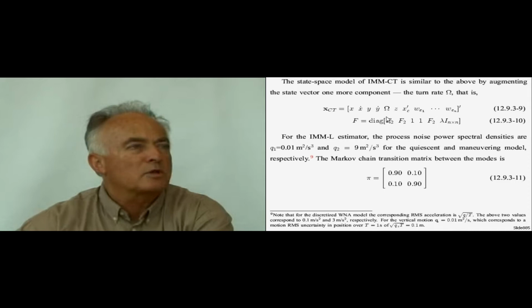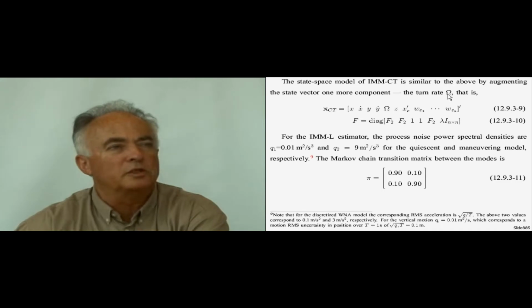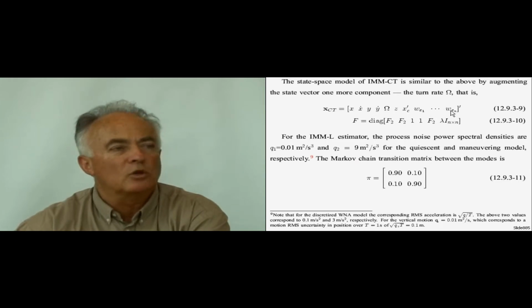The state space model of the IMM-CT is similar to the above, but it has one more component, the turn rate omega. So what we have is x, x dot, y, y dot, omega. That describes the 5-dimensional state for the horizontal motion, z vertical, clock, and the satellite autocorrelated noise state components.